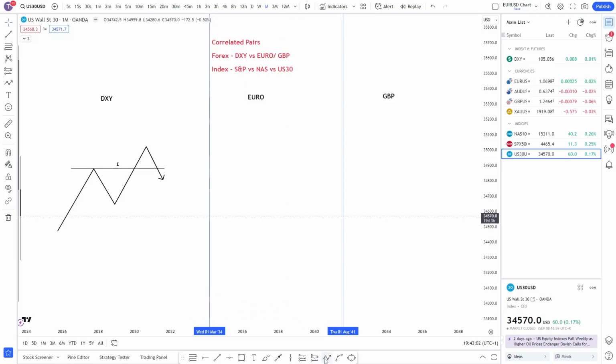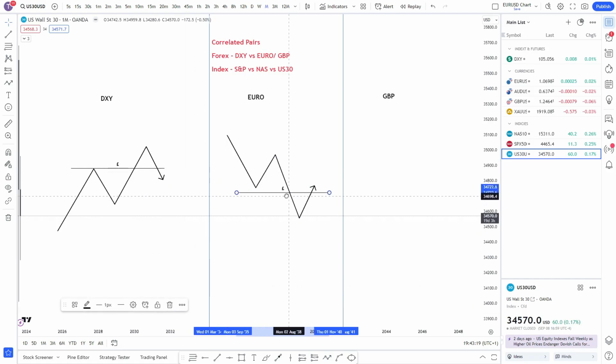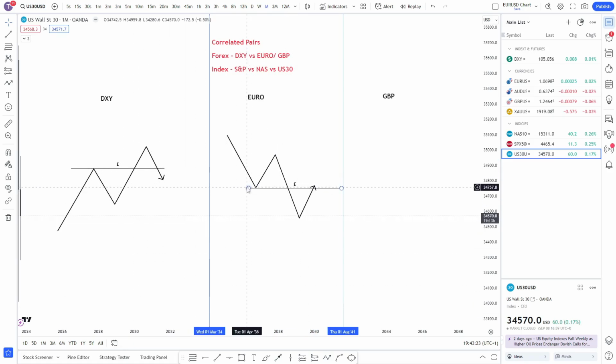Now let me draw euro, because we know that these pairs correlate. Euro and the DXY are going to move in an opposite direction. So euro is now moving lower, just like this, and what we can identify is right here we've taken out this liquidity. Now I'm going to draw pound and a situation on pound.